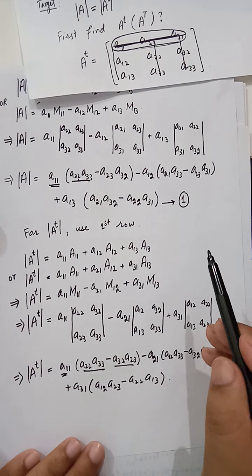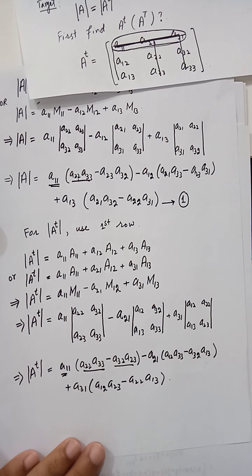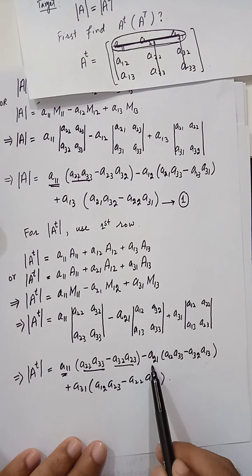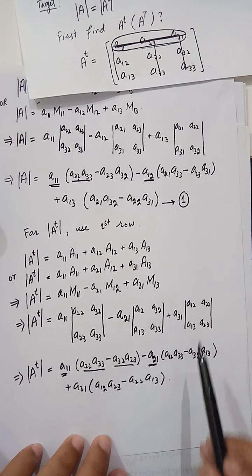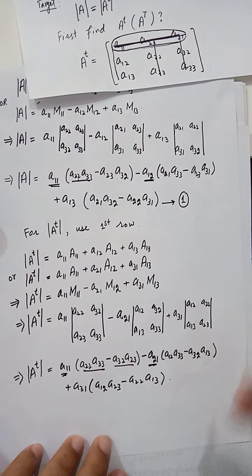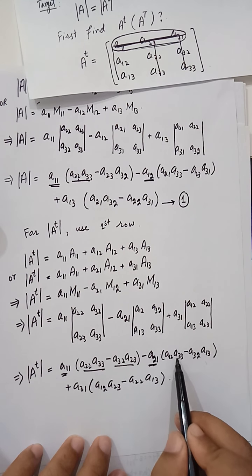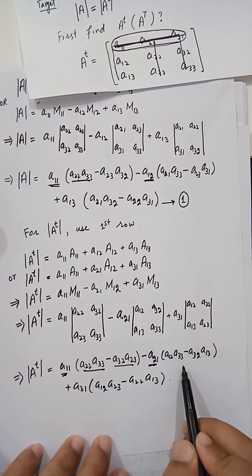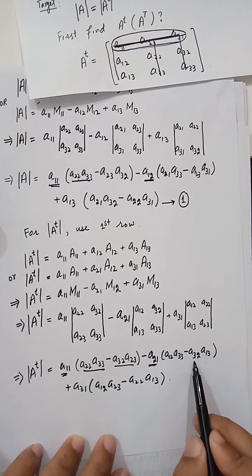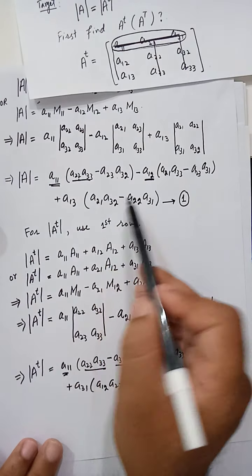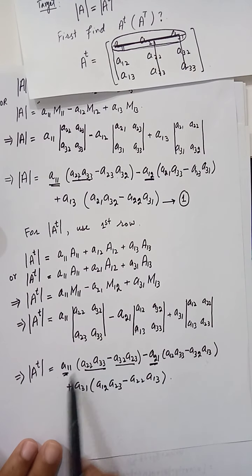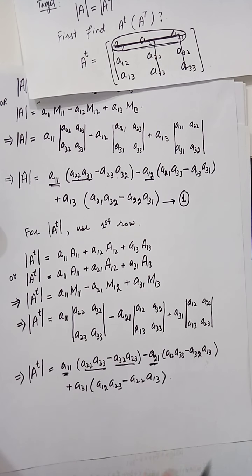It is the same. Now in this case, this is a21 and here is a12, but if you see it here, this is a21 a33, so here is a12 a33, and here you see that there is a32 and a31, so this is also changed.